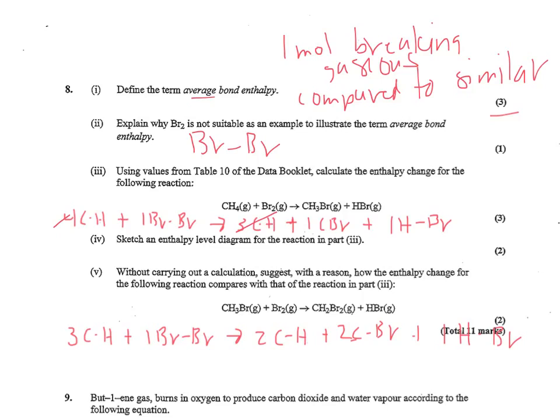So then when I plug in, I'm going to take my reactants minus my products, so I can plug in 4 times the 413 for the CH plus the 193 for the Br, and I'm going to subtract then 290 for the CBr, and then the 366 for the HBr, and when I do that, I got negative 50 kilojoules.